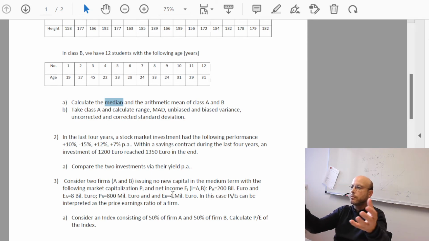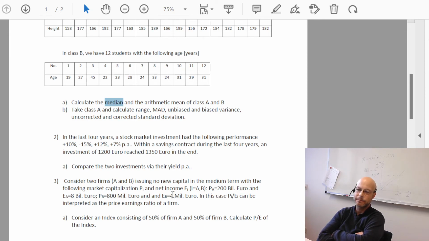Now if you are an investor and you want to make some kind of portfolio investment into firms A and B, then you can ask what is the medium price earnings ratio of these two firms?